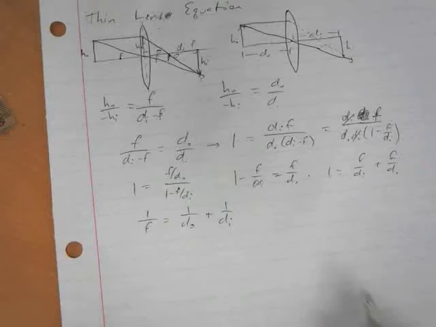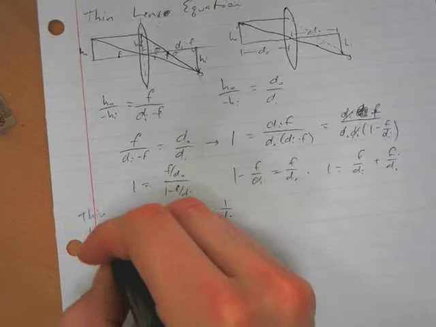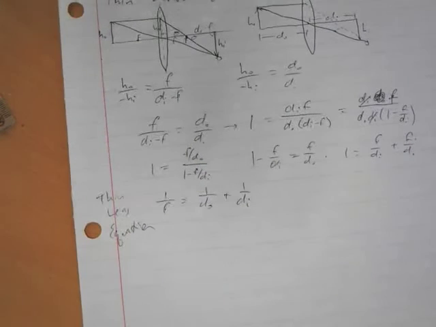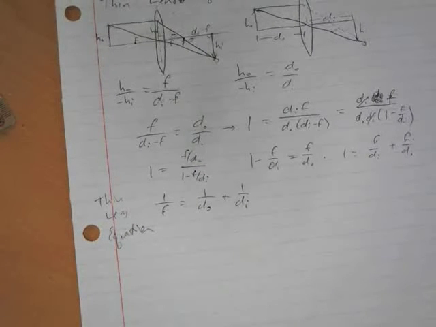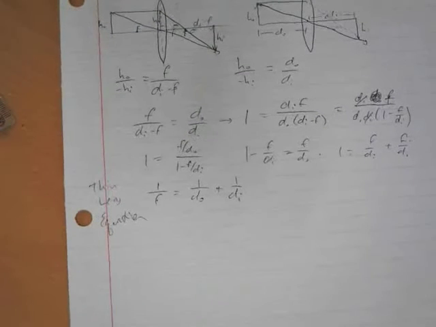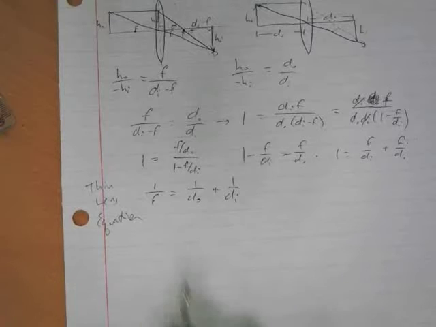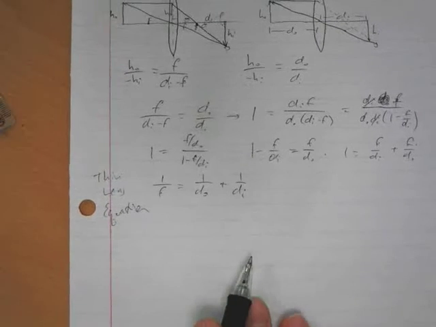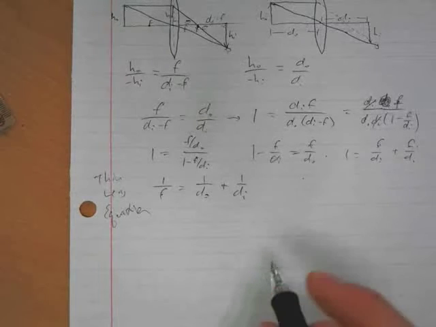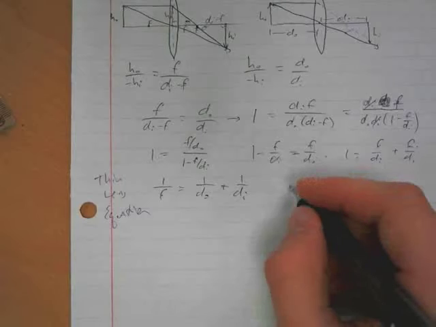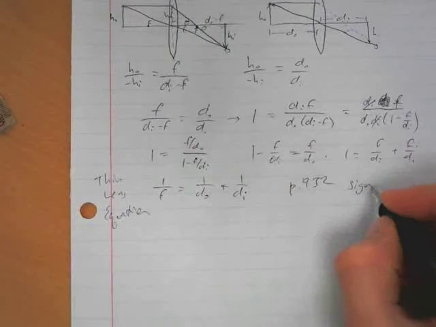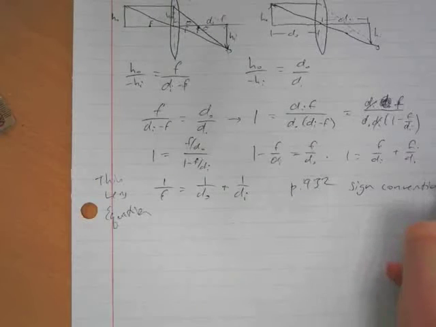So it turns out the thin lens equation is exactly identical to the mirror equation. Exactly the same, which I guess is good, because it means that physics works. Though some of the sign conventions are a little bit different, and if you look at page 932, it gives sign conventions for lenses.